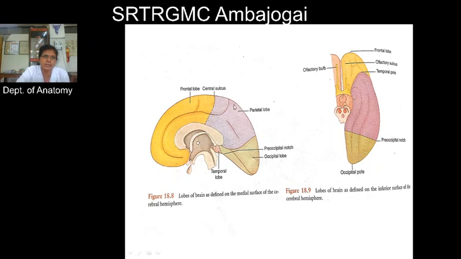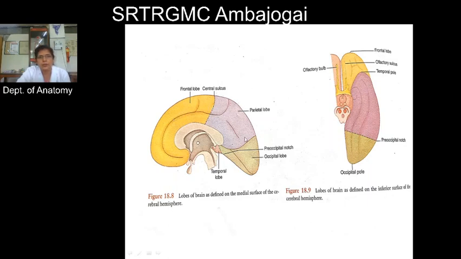On the medial surface, three main lobes are present. In the middle of this medial surface, the central sulcus, which begins at the superomedial border, has a small part that extends into the medial surface. The part of the medial surface anterior to the imaginary line that joins this central sulcus and the corpus callosum is the frontal lobe.